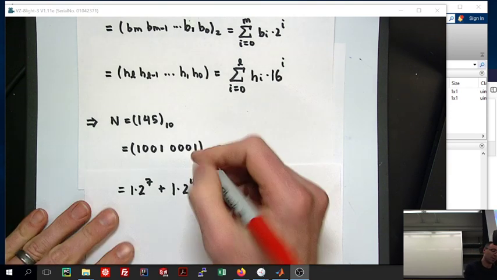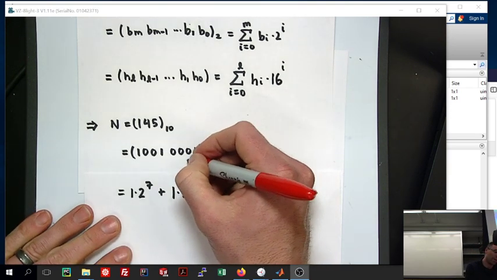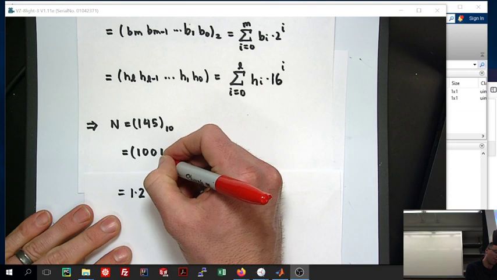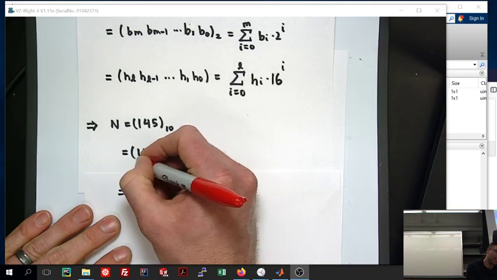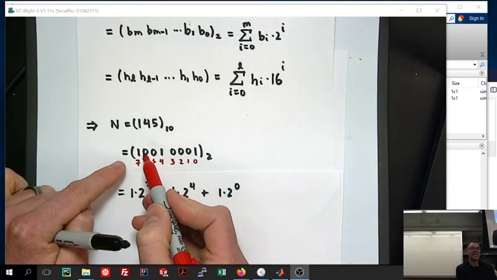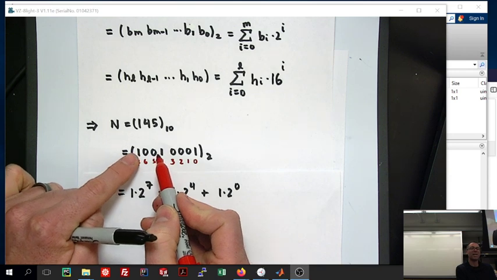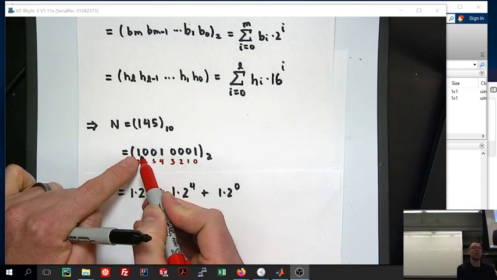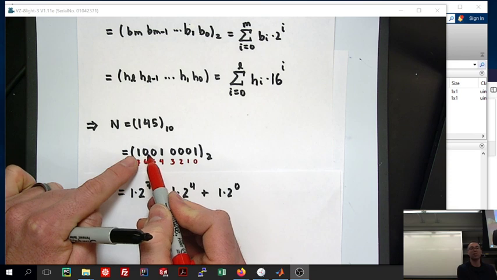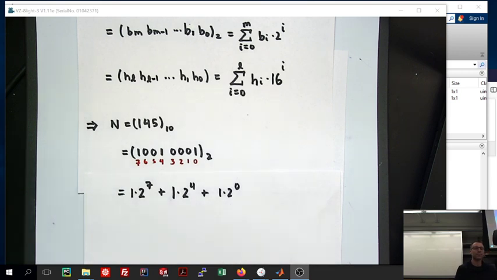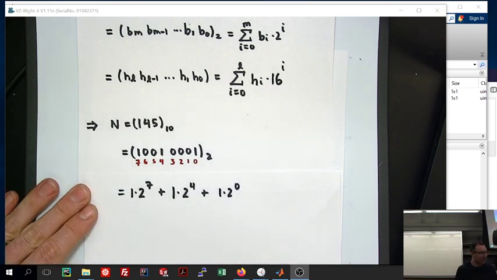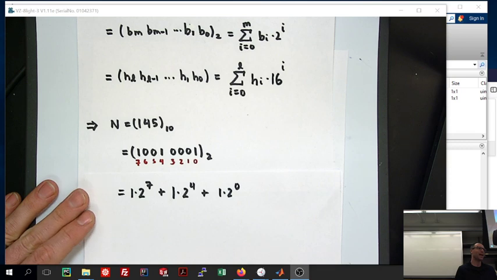So if I start at 0, 1, 2, 3, 4, 5, 6, 7, each bit either gives me a power of 2 that size or doesn't. Right? So now the question is, how would I convert that into hex?